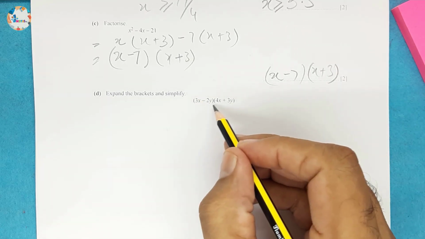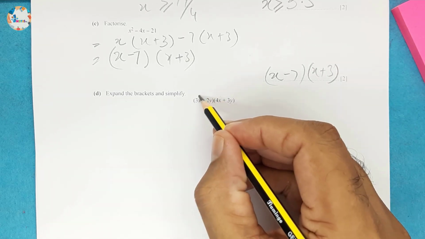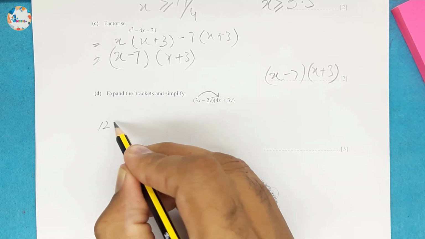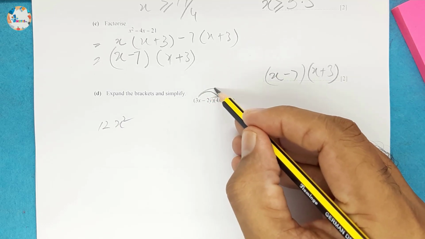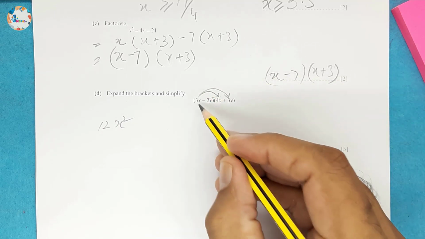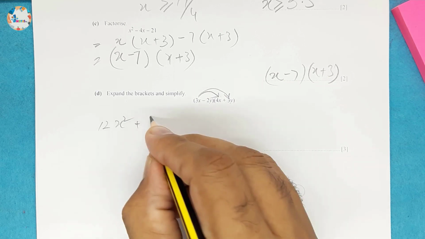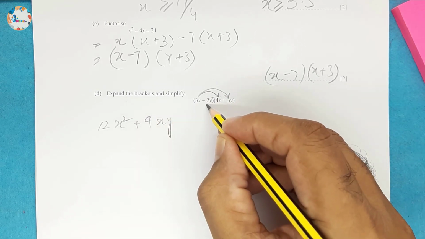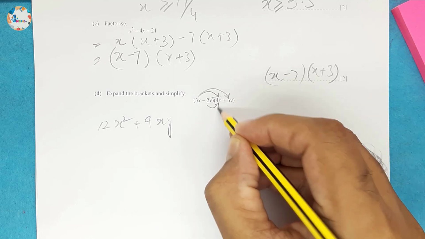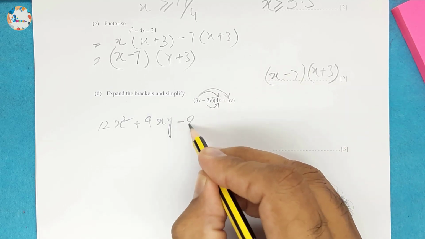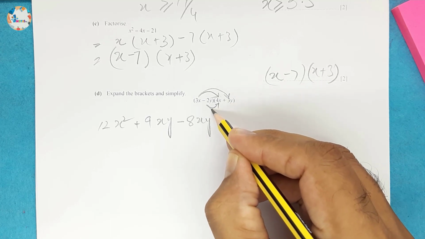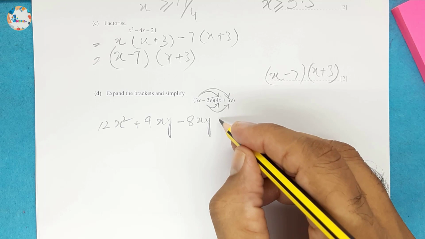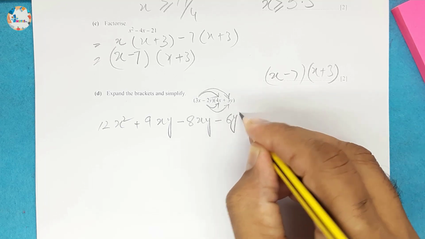Expand the brackets and simplify. So this into this one, basically 3 into 4 will be 12, so we can write 12x squared. Then this into this will be 3 into 3, 9, so plus 9xy. Then minus 2y into 4x, so minus 8xy, then minus 2y into plus 3y, so minus 6y squared.